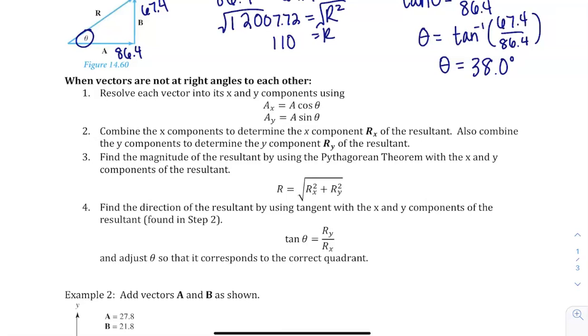So whatever two vectors or three vectors or however many vectors you have, you simply resolve them all into x and y components, add the x's all up, add the y's all up, and use the Pythagorean theorem.